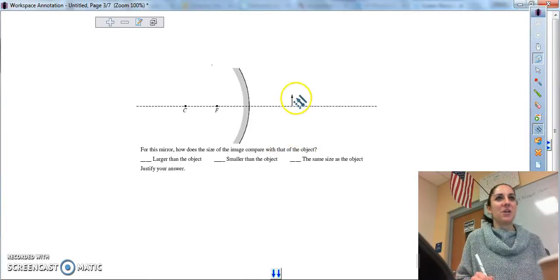Alright, so notice that the object is away from the curve, so the center of the mirror is away. So this is convex. Now with convex, when I start off my ray right here, because of the nature of the shape, this is going to bounce off at an angle like that.